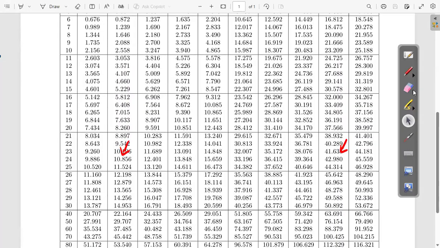So you can see the first value that we get, at 0.99 and 24 here, you get this guy, 10.856.